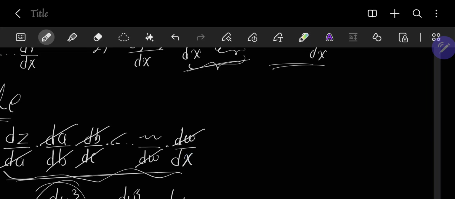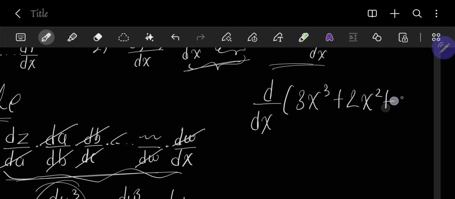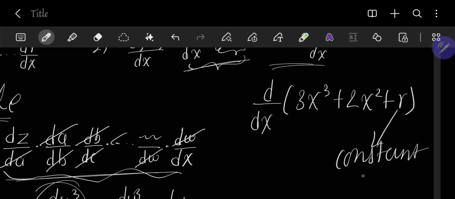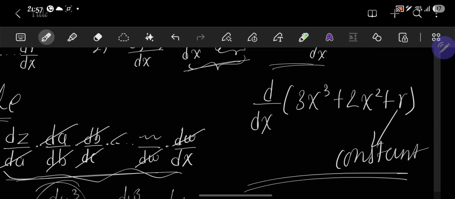So for example, if I give you a question such as the derivative of, let's say, 3x cubed plus 2x squared plus r, where r is a constant, you should be able to find it out. So I'll leave this one as an exercise.